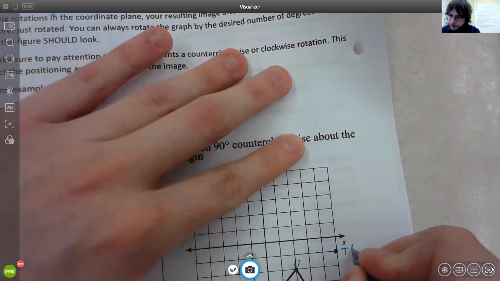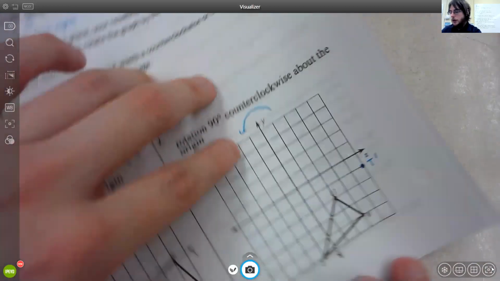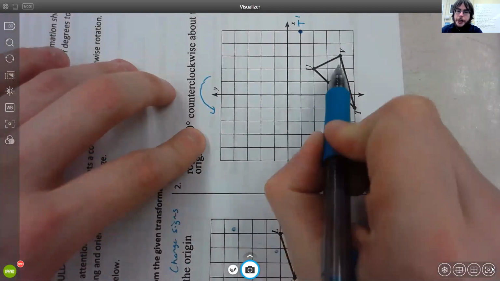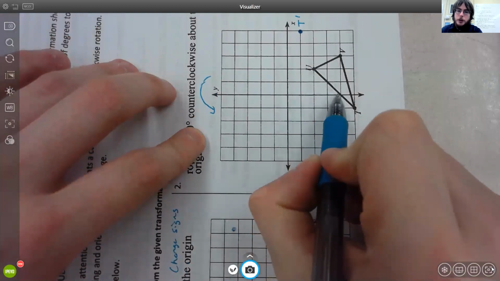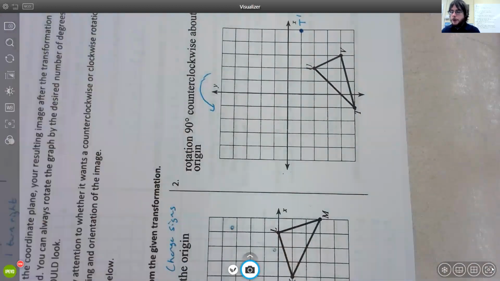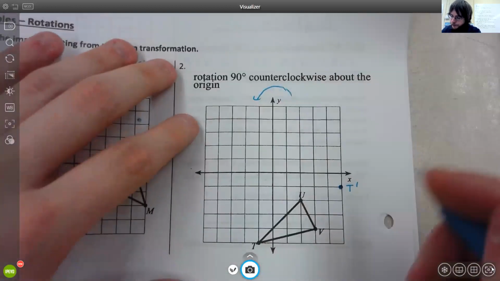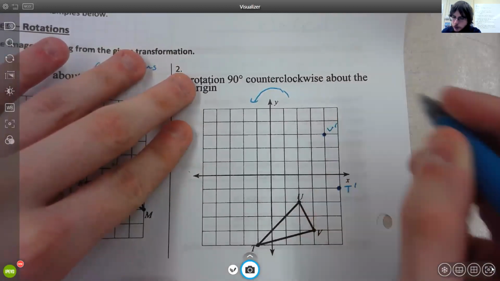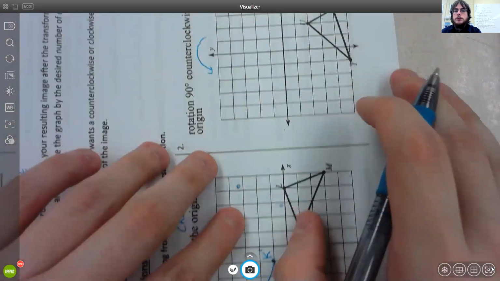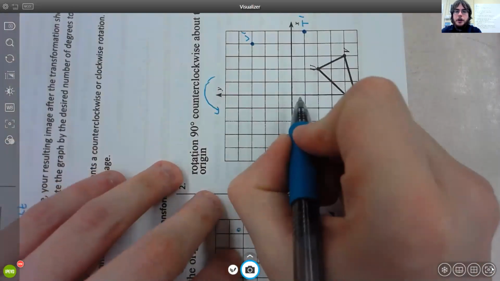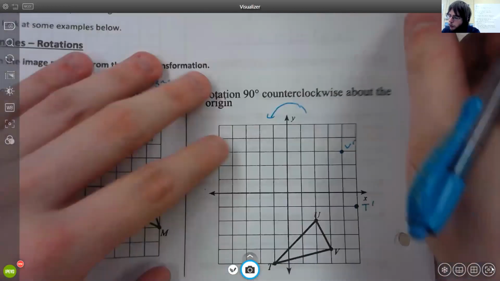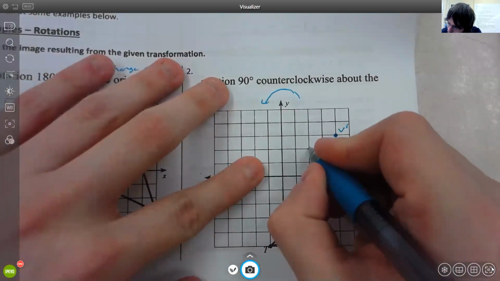That's T prime. Then we rotate back and we do the same thing. So V would be 1, 2, 3, 4 to the right and up 3. So 4, 3. And then you have to go right 2, up 2 to get to U prime.